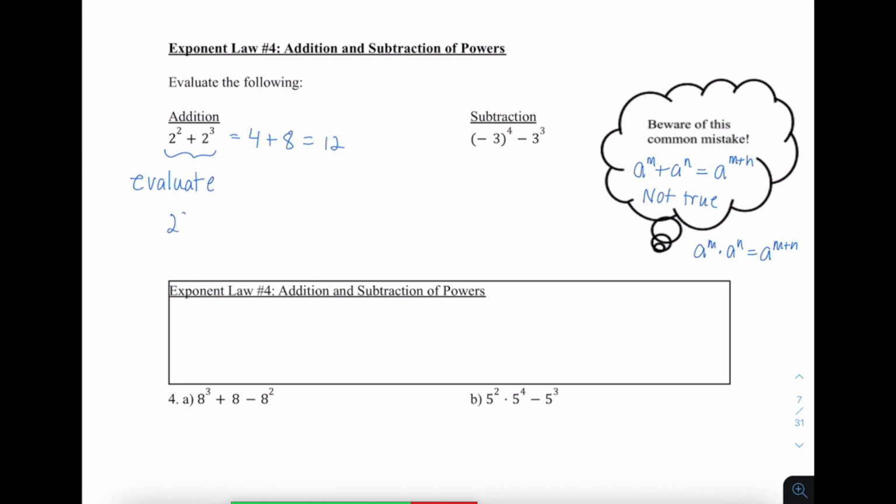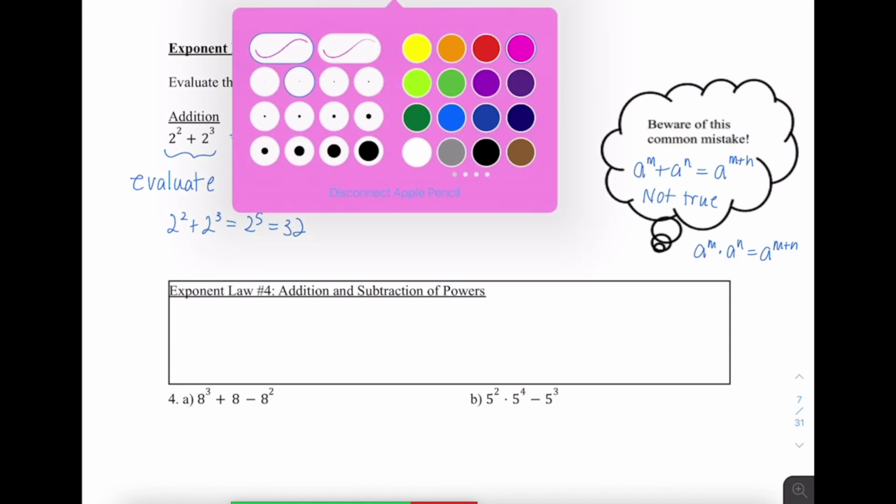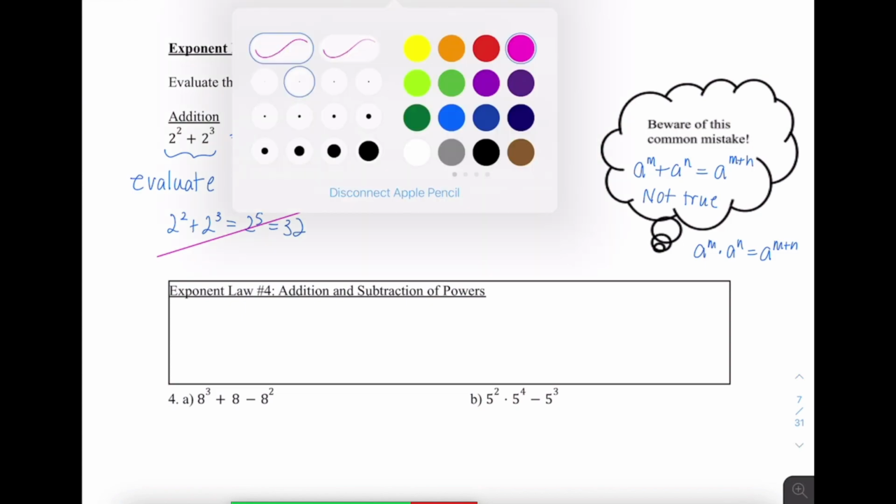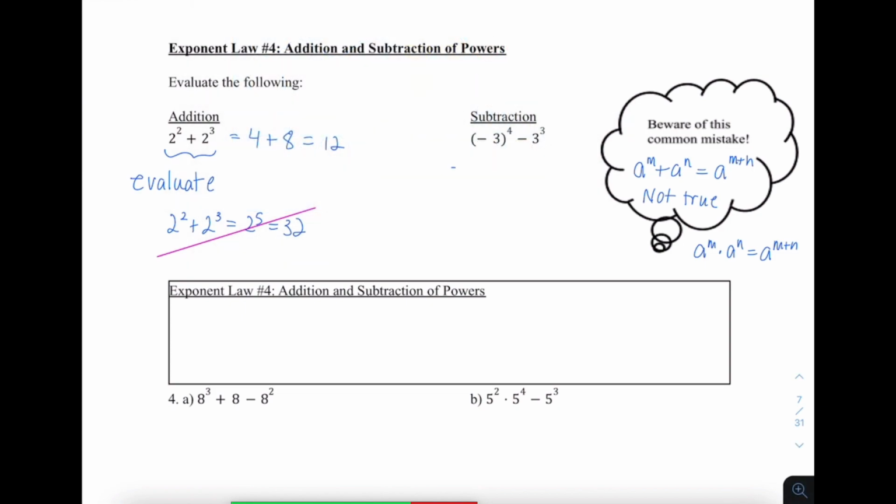If I were to do this incorrectly, I would get 2 to the power of 5, which is actually 32. And this one is just incorrect. That's incorrect. So I cannot use a rule there. All right, so I'm going to do the next one, negative 3 to the power of 4.